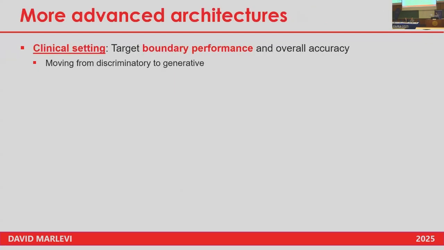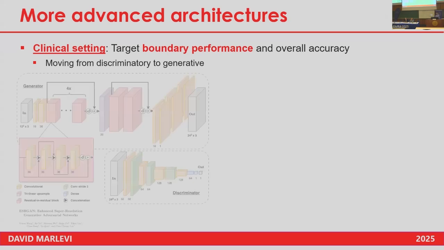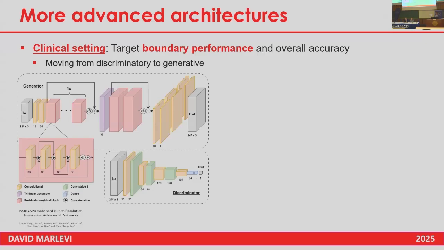So if you think about more advanced architectures, we've started to look a little bit at this. I told you before that the issues that we're seeing in prediction are really around the boundaries of a vessel. So if we want to quantify, for example, wall shear stress, it's accuracy at the boundary that we're really after. One of our students, Oliver Welin Odeback, has been looking at using more generative networks to better enhance the boundary layer performance.